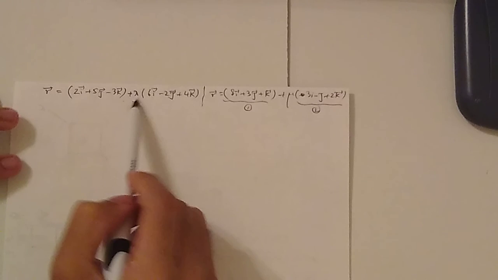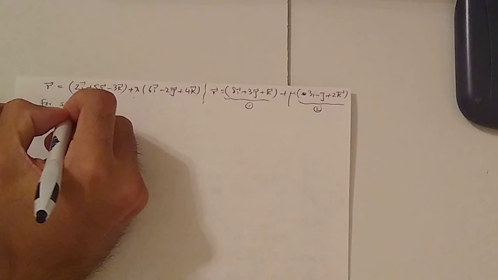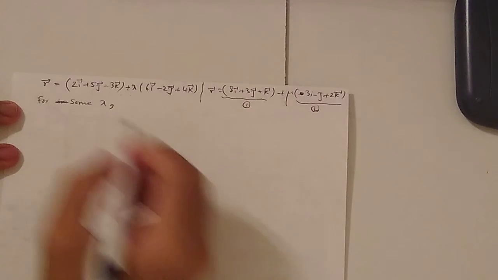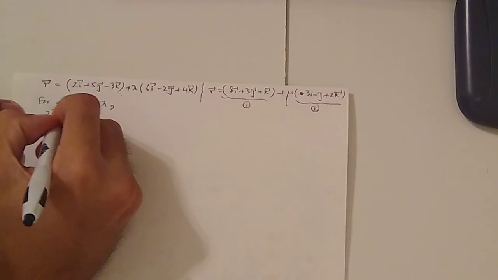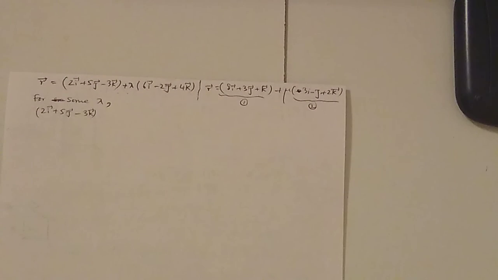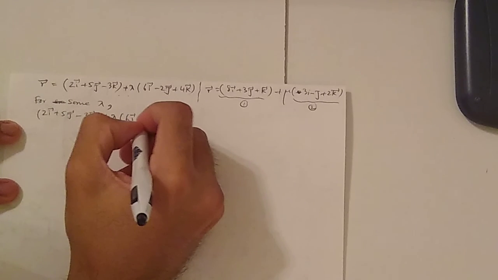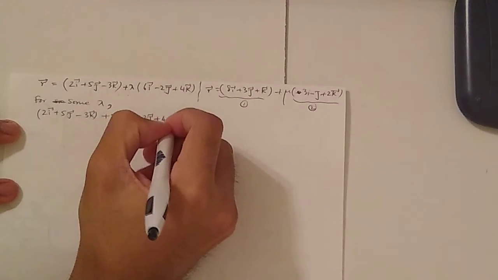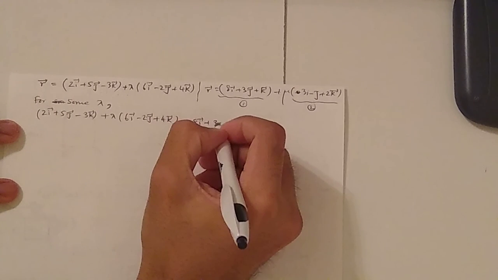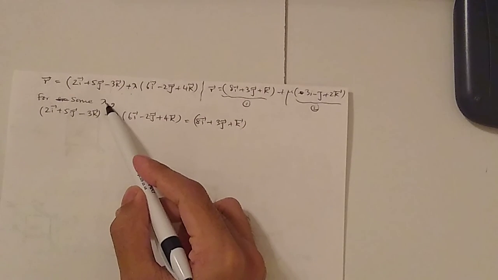So in other words, for some value of lambda, which you are not sure what it is, 2i plus 5j minus 3k plus lambda times 6i minus 2j plus 4k is equal to 8i plus 3j plus k. So for some value of lambda, we're not sure what lambda it is.